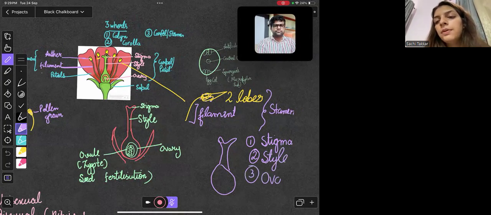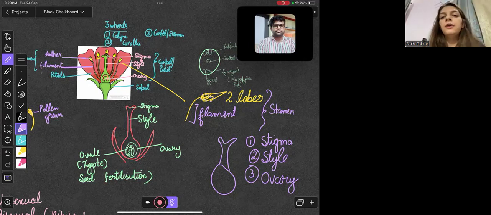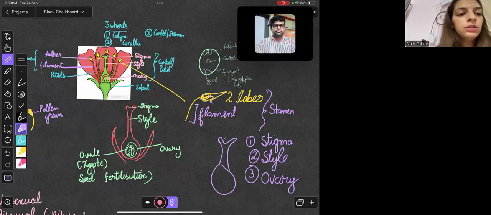So what happens is whenever the pollen grain from the anther dusts off, because of anything like wind, water, or insect, and it falls on the stigma of the female reproductive part, it will germinate and produce.